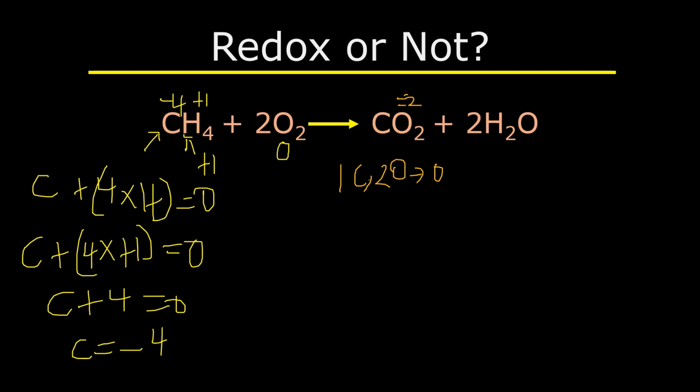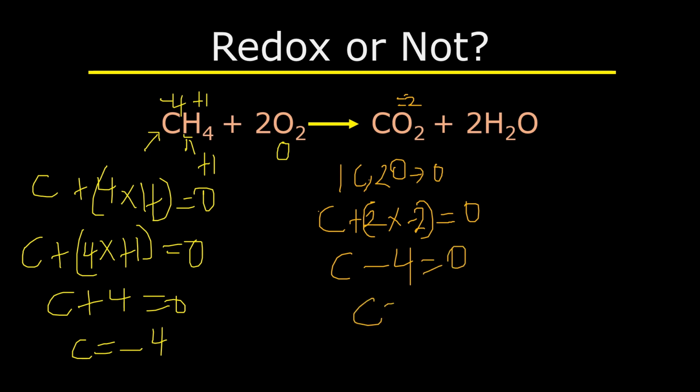And so you're going to get C plus 2 times minus 2, all of that is going to give you a charge of 0. So carbon minus 4 equals 0. Carbon's charge is going to be plus 4.